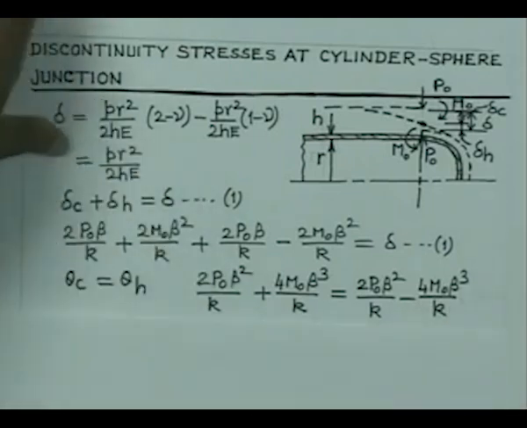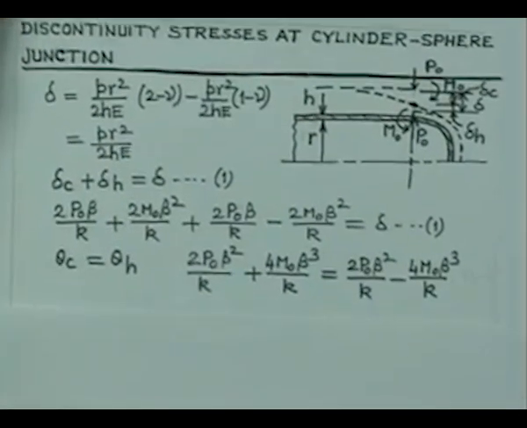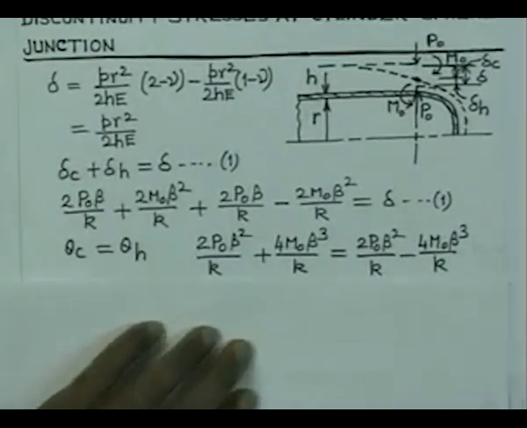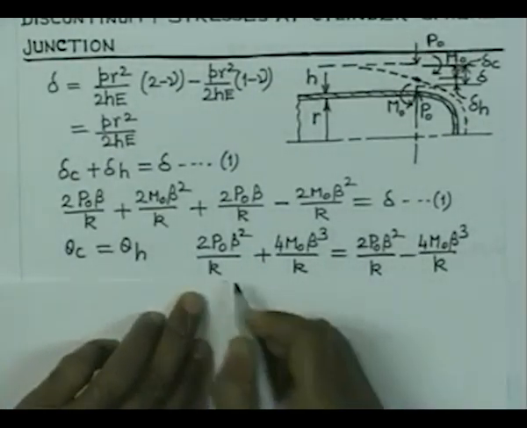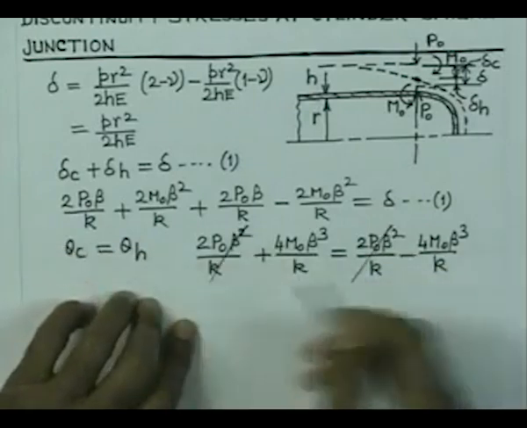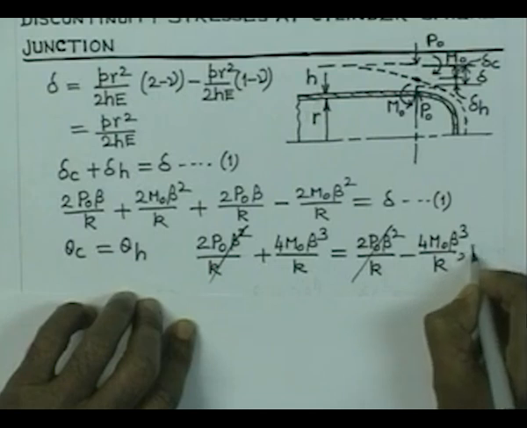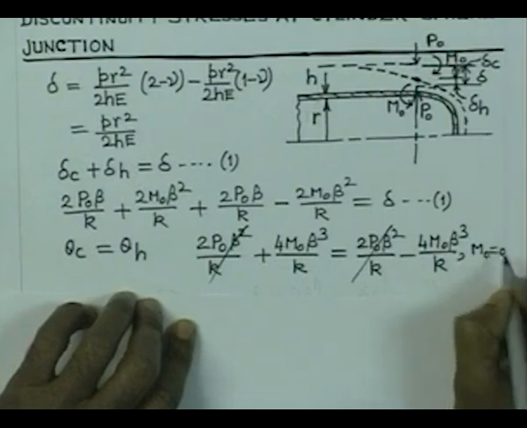And in this case, when the thickness of this cylindrical cell and the head is same, you will find that here k is same, beta is same, therefore, this term cancels with this term, and from these two you find that M0 equal to 0. So, that is, moment is 0.